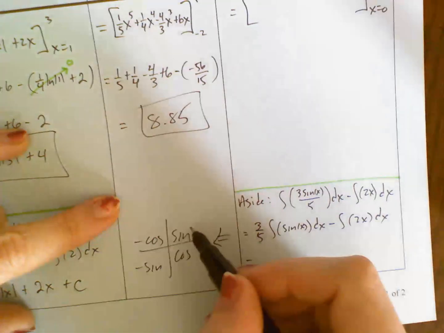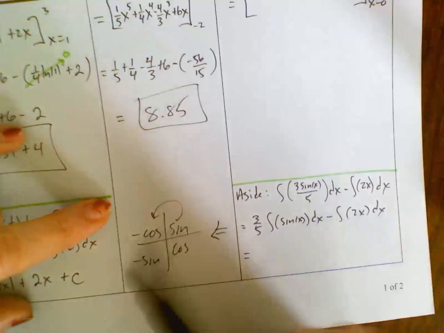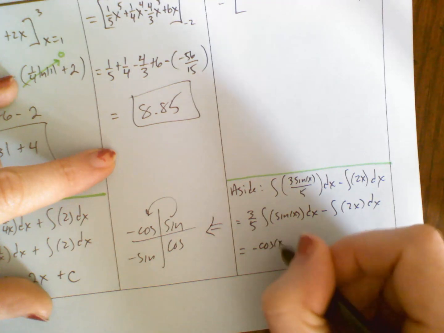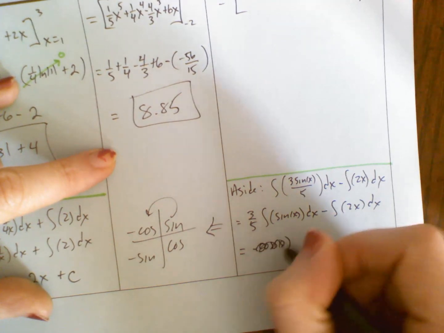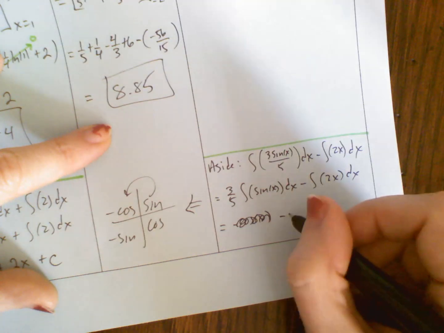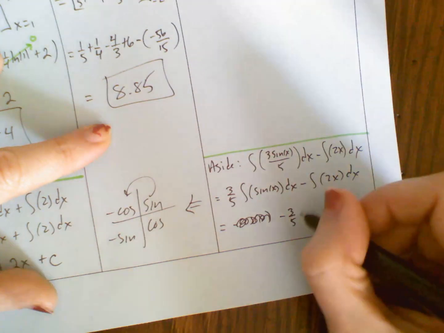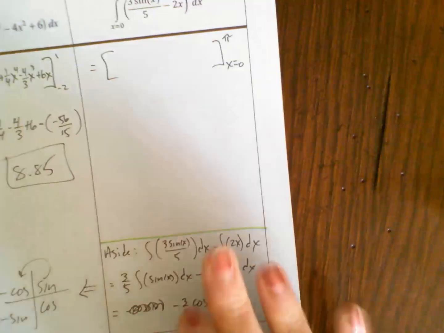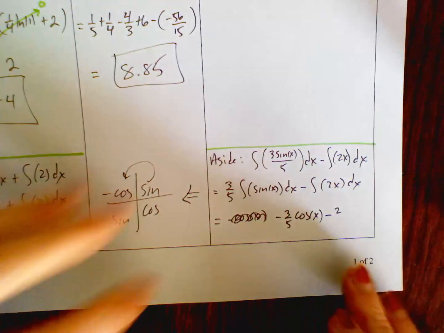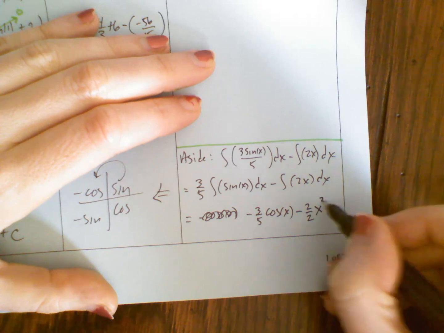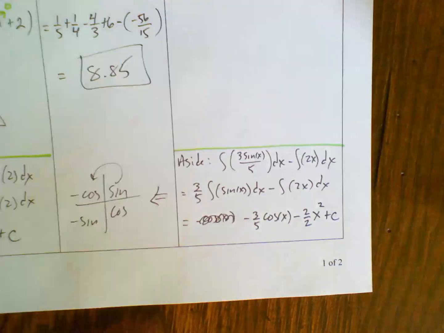I've got sine, and I want its antiderivative, so I go the other way. So it's negative cosine. So this is negative 3/5 cosine of x minus, I bring down the 2, the new exponent is 2, x to the second plus c.